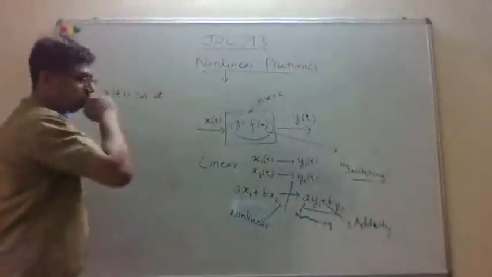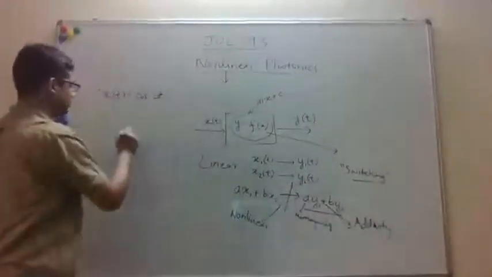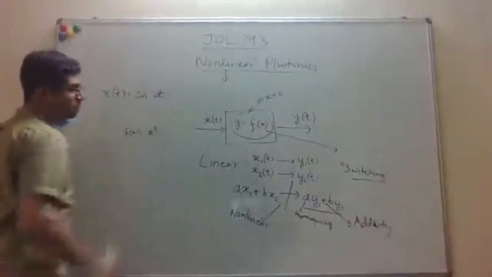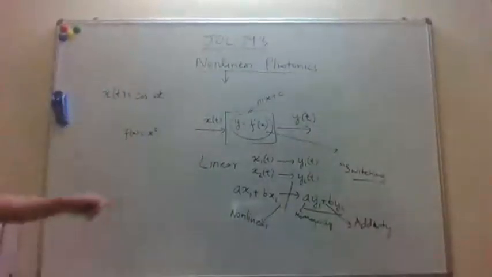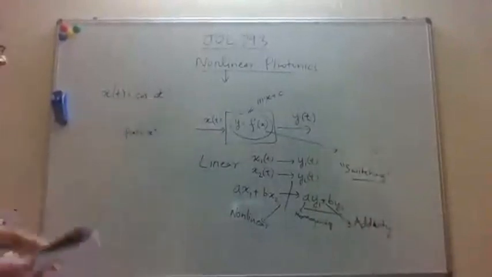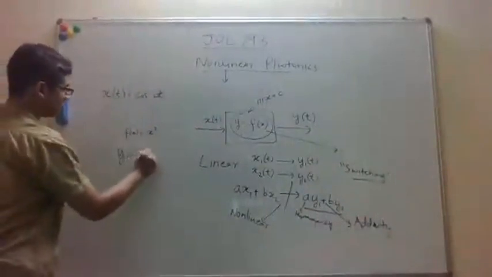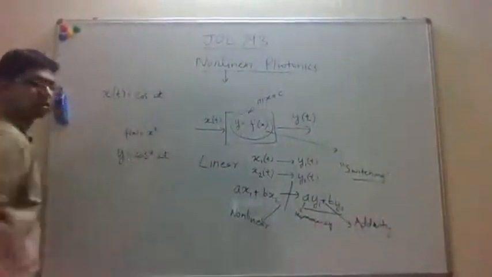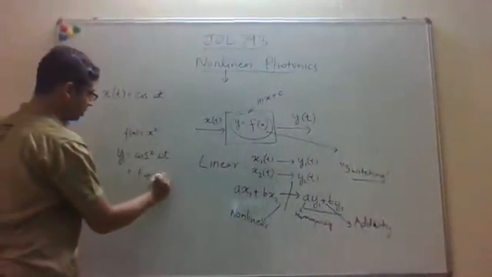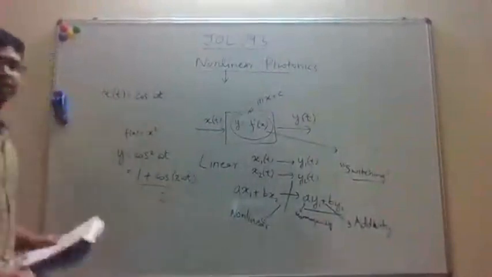But if you have a nonlinear response, just to take some example, let's say this f of x was x squared. Then for a sinusoidal input, let's say cosine omega t, my output is cosine square omega t, which, using the sine-cosine rule, I can write like that.